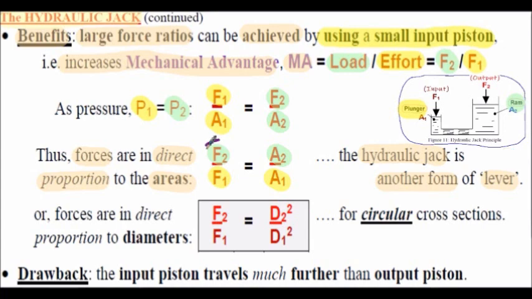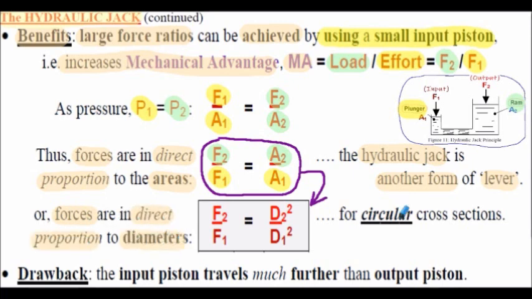We can write a more specific form of this formula, shown here, which shows the forces are in direct proportion to the diameters squared. So if we know that our inlet and outlet, our plunger and our ram, have circular sections, then we can write F2 divided by F1 is equal to D2 squared divided by D1 squared.